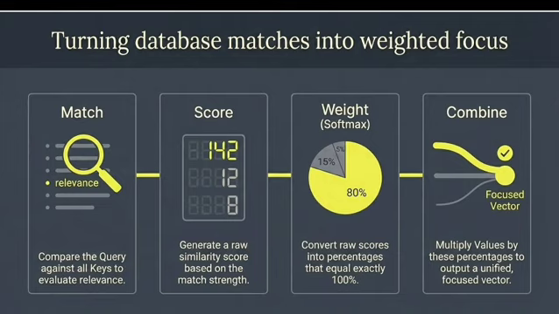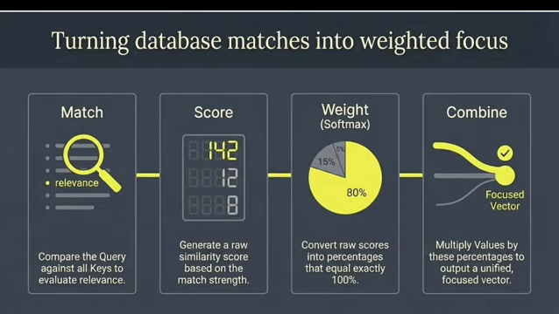After a raw similarity score is generated, that score is weighted using functions. The softmax, which we can see on the screen below the weight, is an activation function used in neural networks.